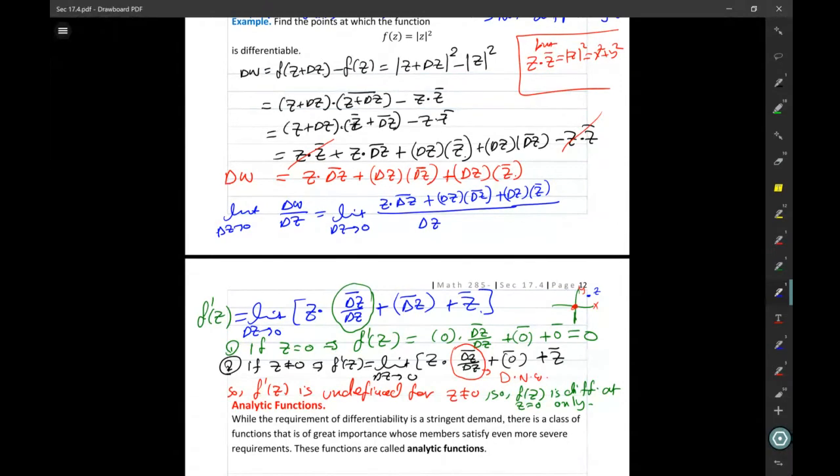Then, doctor, we plugged in z equals 0. How did we do that? Plugged in here, z is equal to 0, so 0 times this one is 0, or this one is 0 also, z conjugate. Now delta z goes to 0, so delta z conjugate, when delta z goes to 0, is also equal to 0.